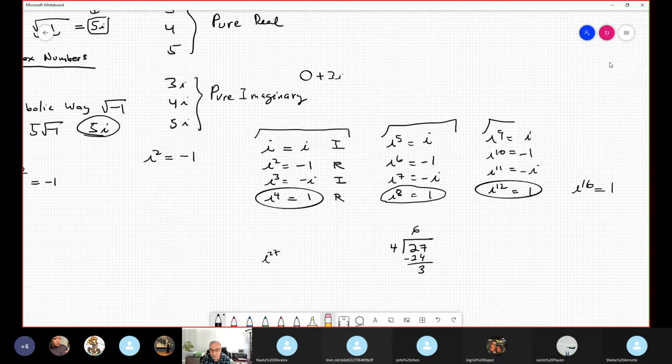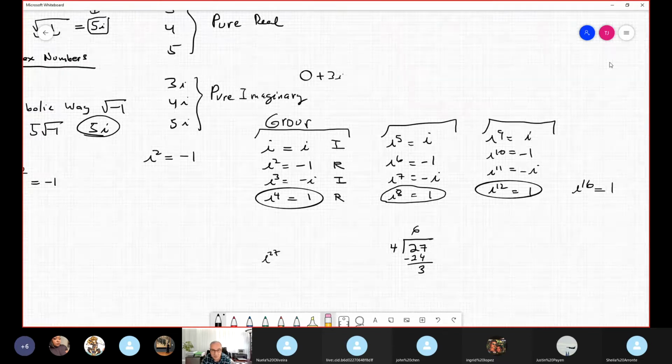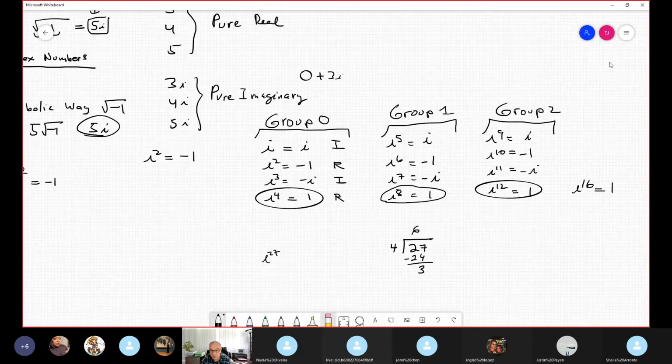Bam. So suppose this is group 0, this is group 1, this is group 2, and so on. So this is by group, 4 by 4.